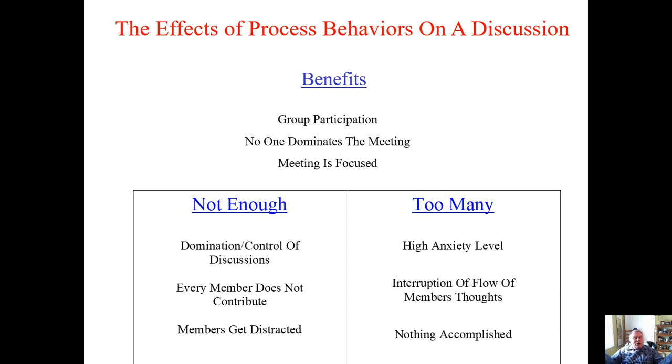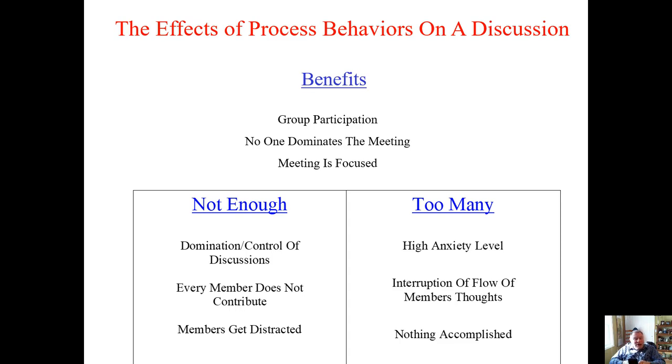The benefits of group participation from all these ideas are many. No one dominates the meeting. The meeting is very focused. If there's not enough of this, it's domination and control. Everybody doesn't contribute, they just sit there. And then you get distracted, like I could pick up my phone and get into that. We're seeing that more.